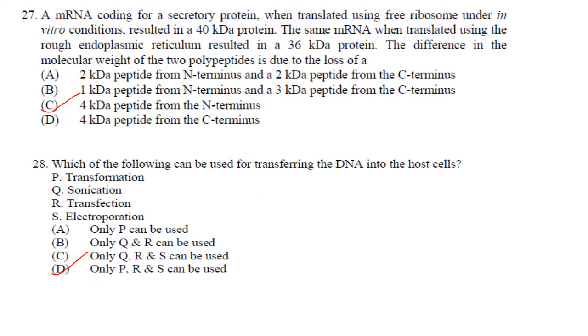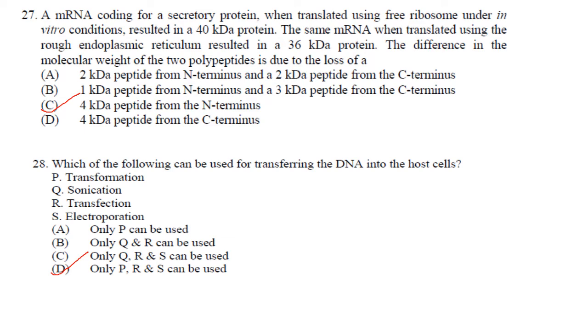Next one. A mRNA coding for a secretory protein when translated using free ribosomes under in vitro conditions resulted in a 40 kDa protein. The same mRNA when translated using the rough endoplasmic reticulum resulted in a 36 kDa protein.